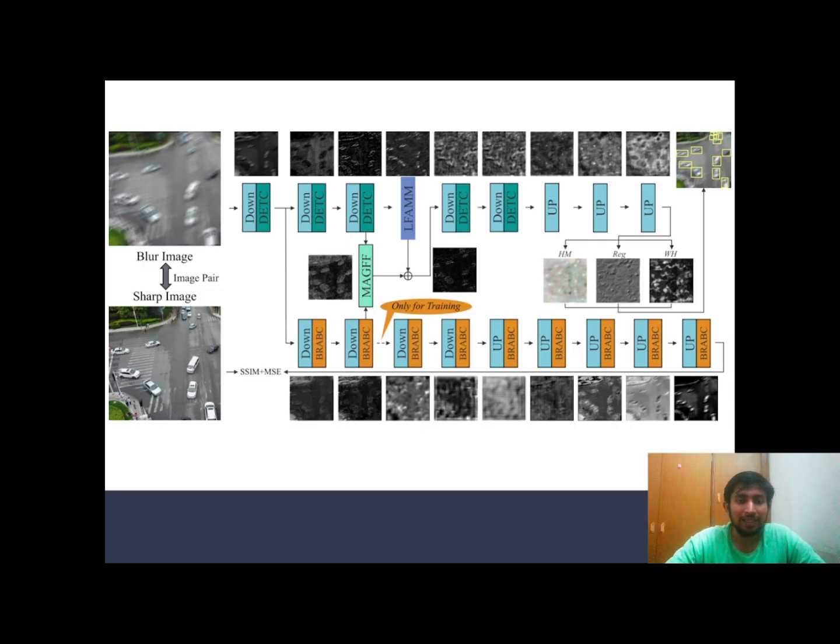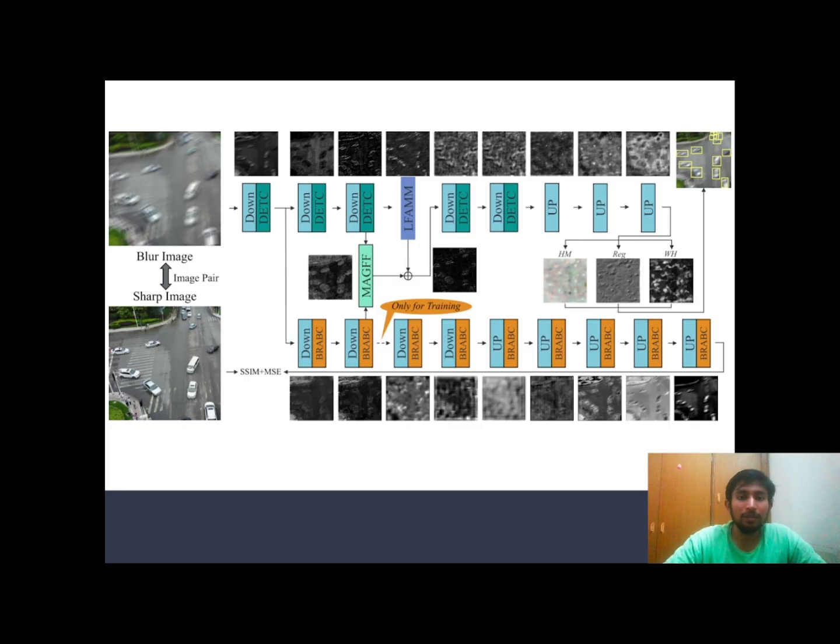The multi-level attention guided feature fusion module merges the restored features with detection features using local attention and global attention. This specifically boosts small object detection under blur, which is usually not possible with traditional approaches.